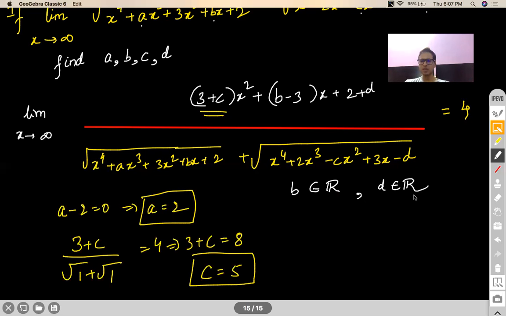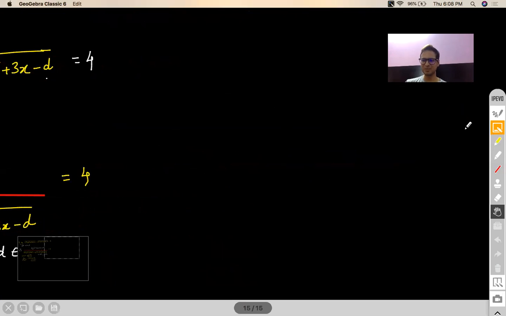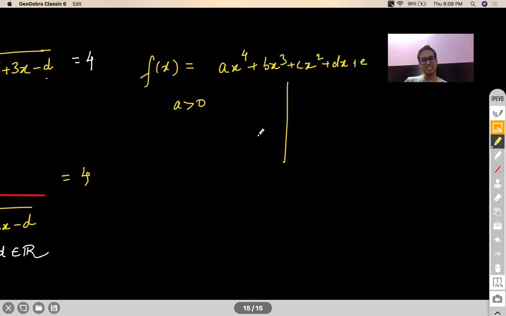Raghav has a question. What if the function under the root is negative for all values of x? See, x to the power 4 graph, whenever you have a fourth degree or even degree polynomial, I'm generalizing this, Raghav. If you have a fourth degree polynomial whose leading coefficient is positive, remember the graph will always have this kind of a nature.